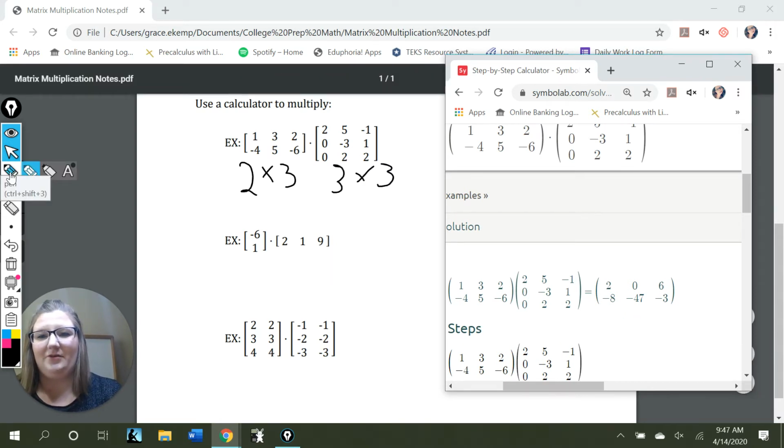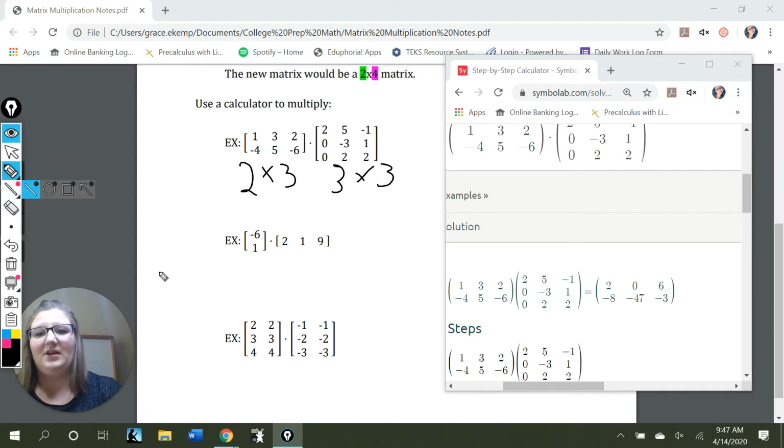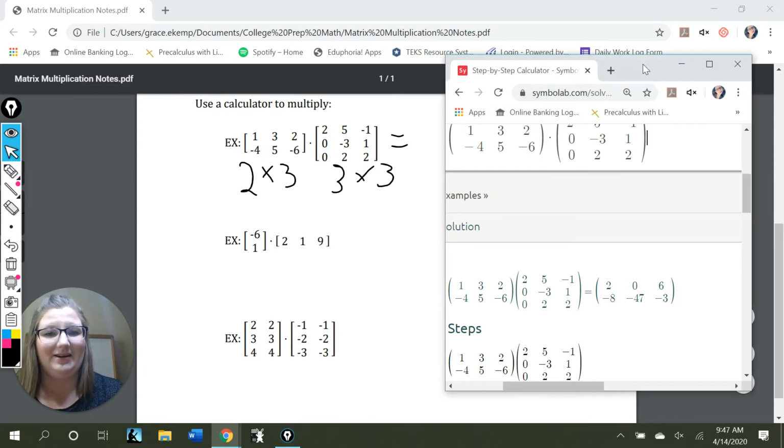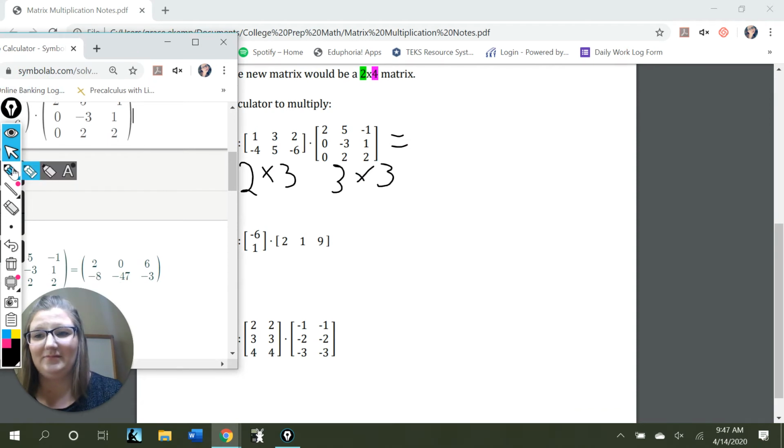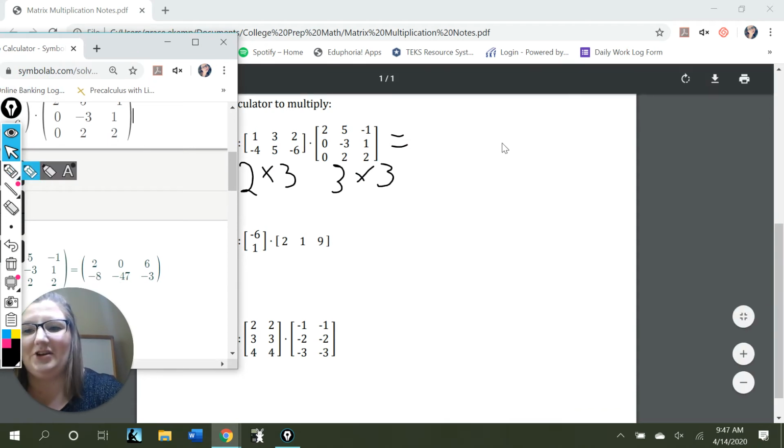So if we go ahead and write that out, our final answer is the matrix 2, 0, 6, -8, -47, 3. So let's see if I can get that written out on here. Y'all just get to watch me struggle with technology for a second.